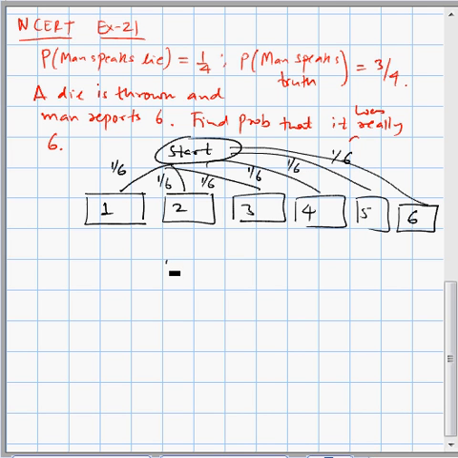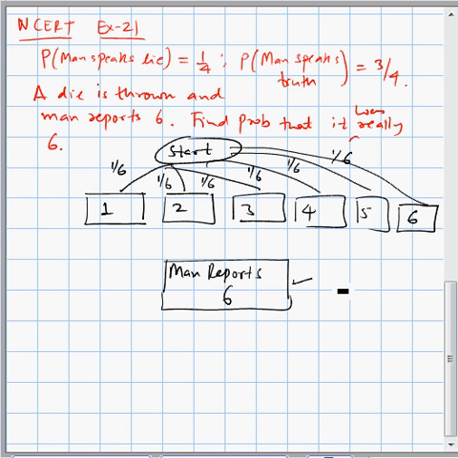And now we are representing the event that man reports 6, right? Now it is given that this event has already happened. Now find probability that it was a 6. Die actually showed 6.